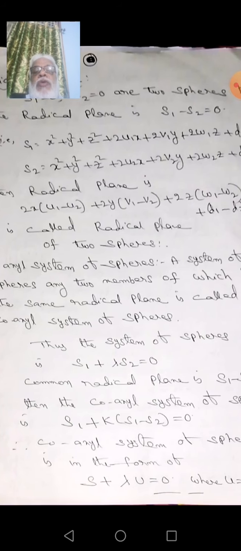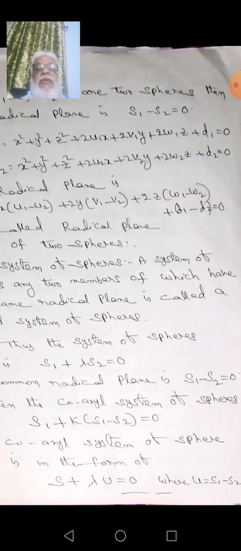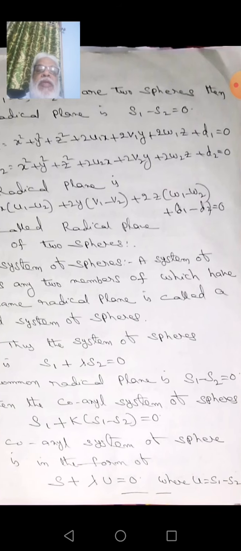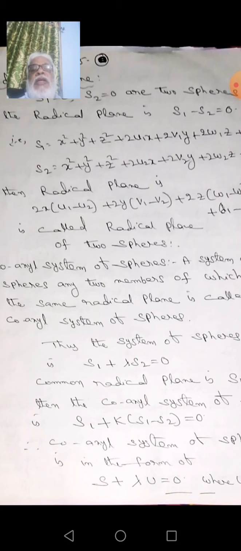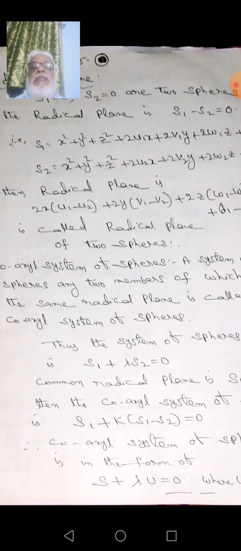Then the radical plane is 2x(u1 minus u2) plus 2y(v1 minus v2) plus 2z(w1 minus w2) plus d1 minus d2 = 0. This works when the equations S1 and S2 are of the same degree and have the same coefficients of x square, y square, z square.